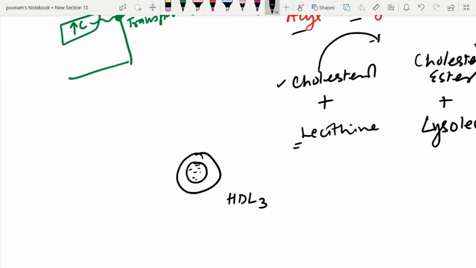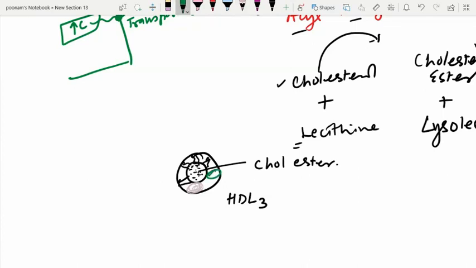HDL3 has more cholesterol ester in the core compared to discoidal HDL, because LCAT action converted peripheral cholesterol to cholesterol ester and that moved into the core section. So it has more cholesterol ester in the core, and that is why its shape becomes spherical. The shell has the same composition, the phospholipid, the free cholesterol, and of course the lacuna, because whatever cholesterol comes into the lacuna moves into the core.